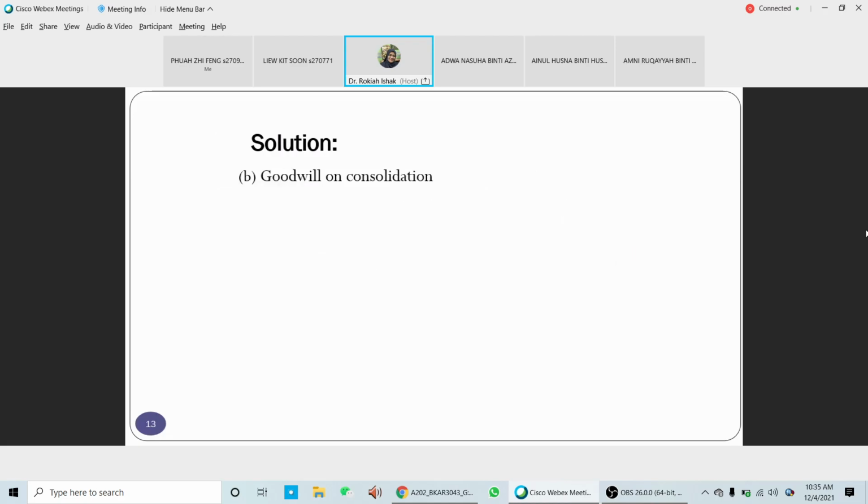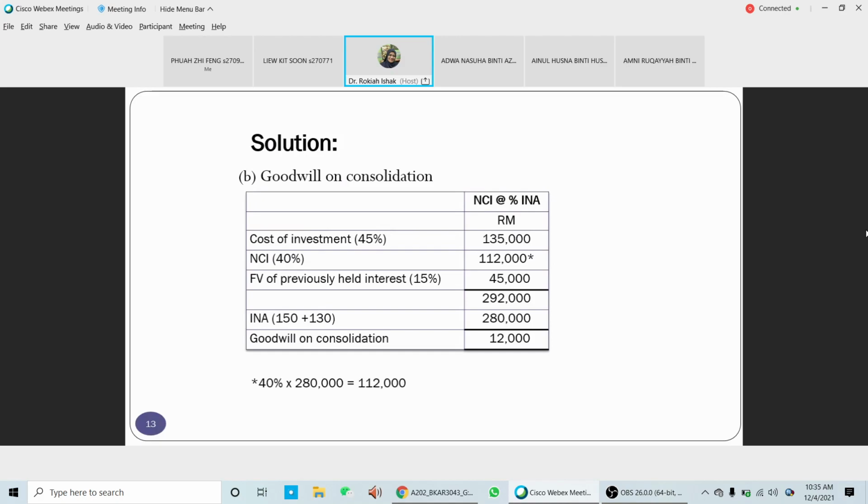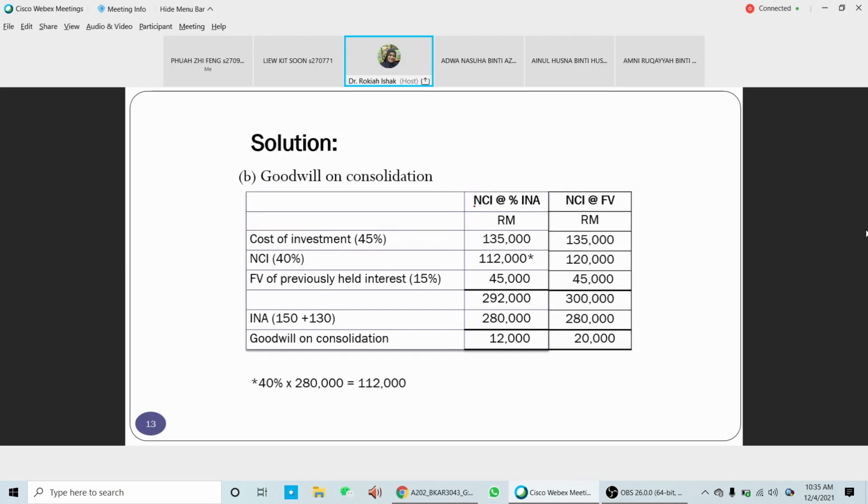The next one, we're going to calculate the goodwill on consolidation. We only calculate goodwill on consolidation once, at the date when you have control. The date that you have control here is 1st of June 2018.